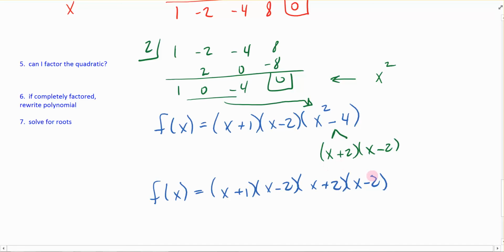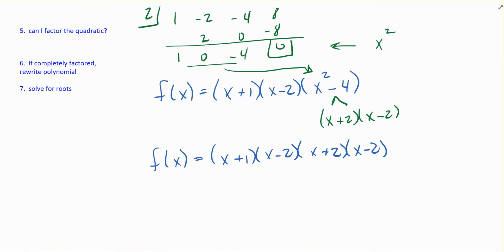I have two of those roots. So we can simplify this even further by writing it as x plus 1, x minus 2 quantity squared, because I have two of them, and x plus 2.